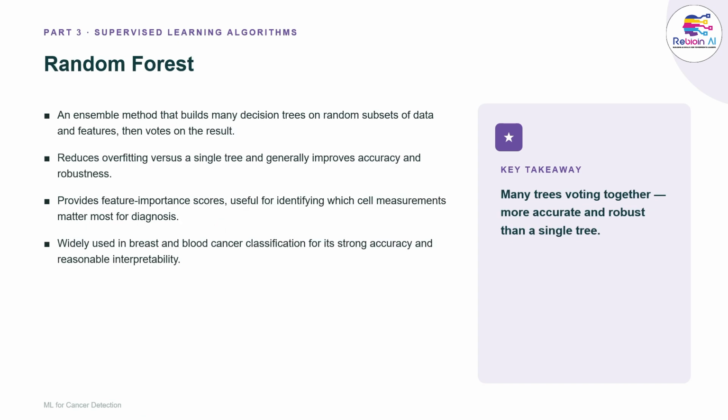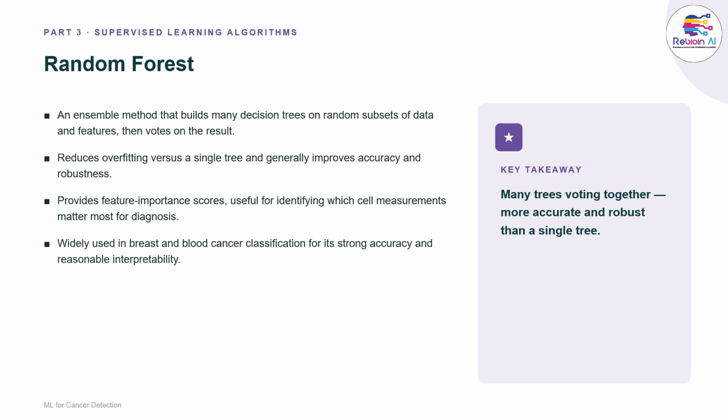Yes. Now, random forest solves the decision tree's overfitting problem with a simple but powerful idea. That is, instead of building one tree, it builds hundreds, each trained on a slightly different random subset of data and features. Then let them vote.